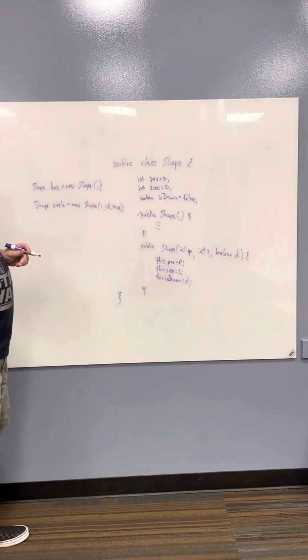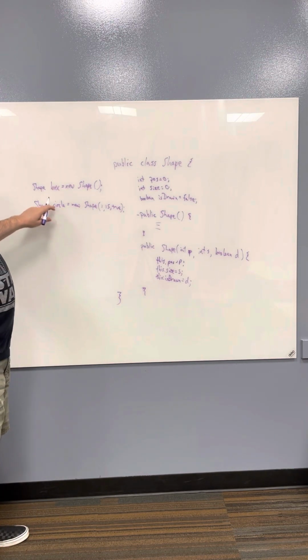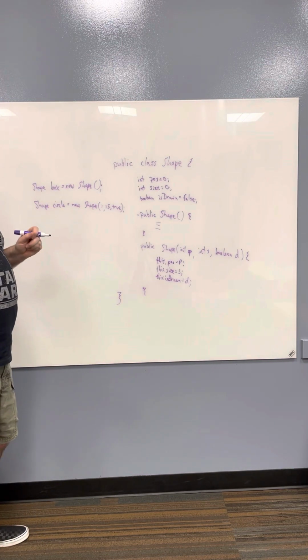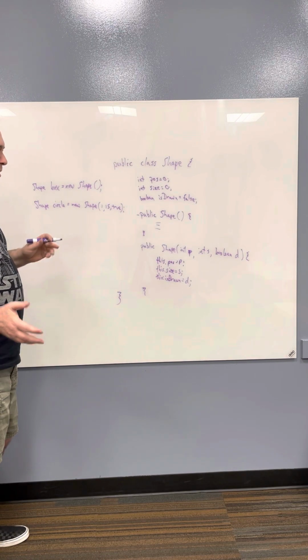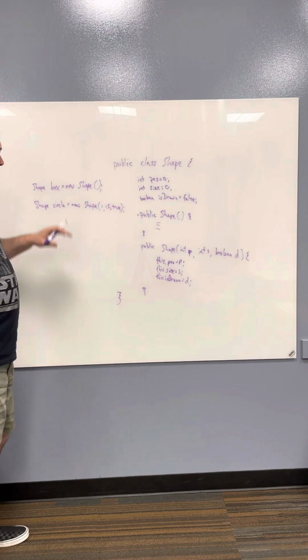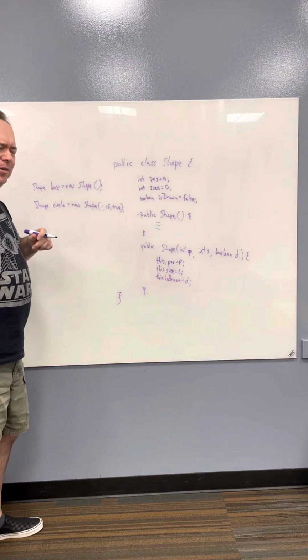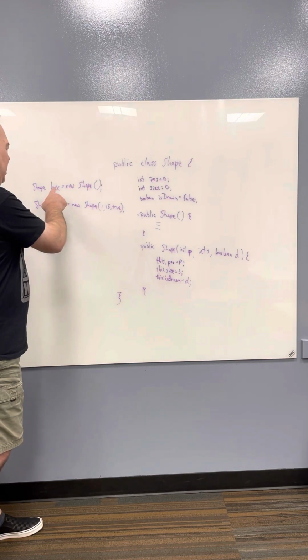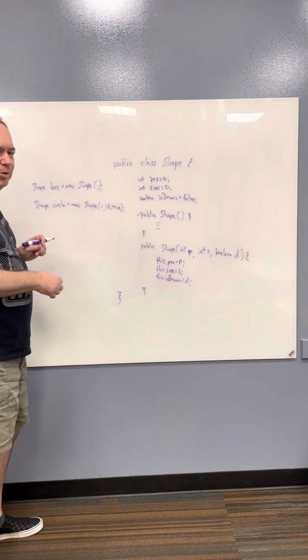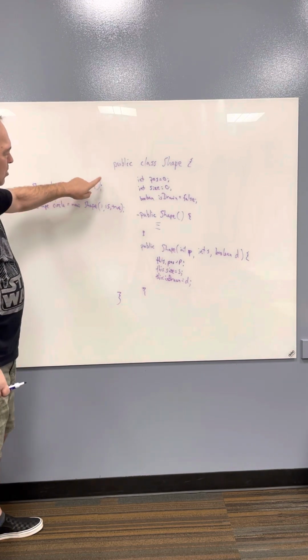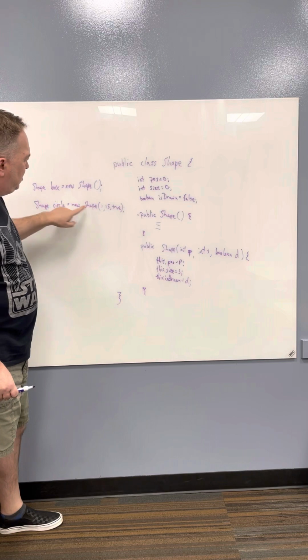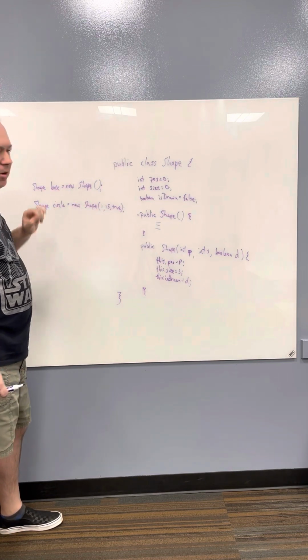Okay, so I've created two shapes here, a box and a circle. I've created two references to objects that were created from the shape class, but these are all in my driver class. It's confusing, isn't it? Anyway, we've created these two new shape objects. We use this constructor here and this one for circle.